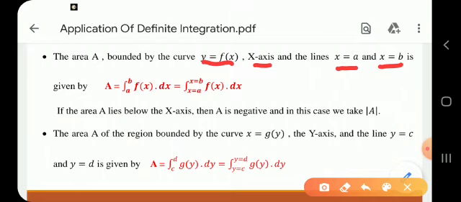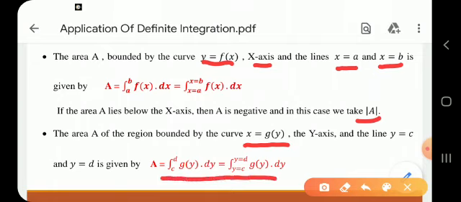If the area A lies below the x-axis, then A is negative, and in this case we take the mod of A. Second, the area A of the region bounded by the curve x is equal to g of y, the y-axis, and the lines y is equal to c and y is equal to d is given by this formula.